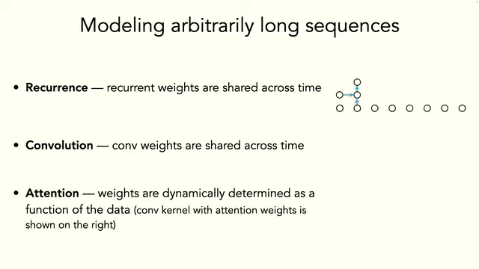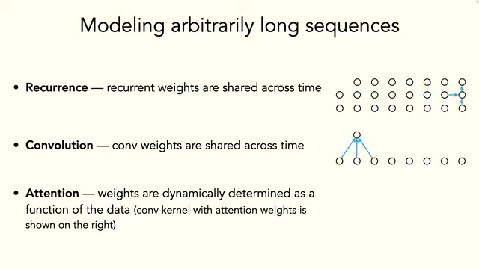And then the last thing we talked about is attention, where the weights are dynamically determined as a function of the data. So you have this convolutional kernel with attention weights. Recurrence looks like this: you're passing information forward in time. Convolution looks like this: you're getting that time window, but you're not passing it forward in time.